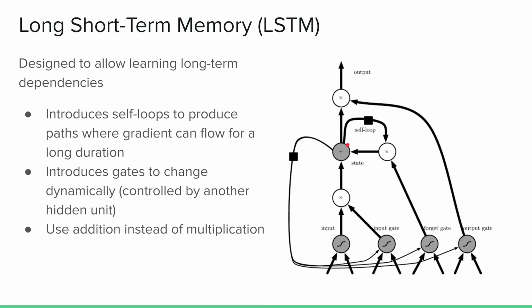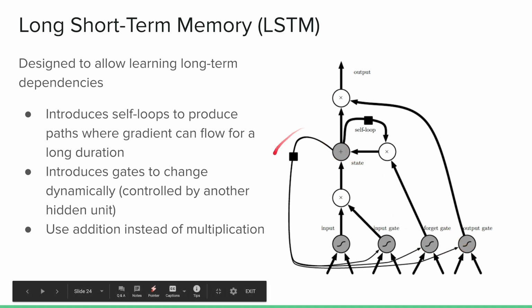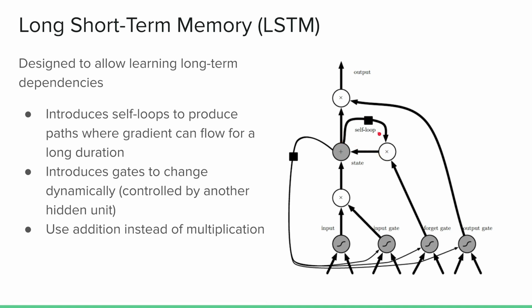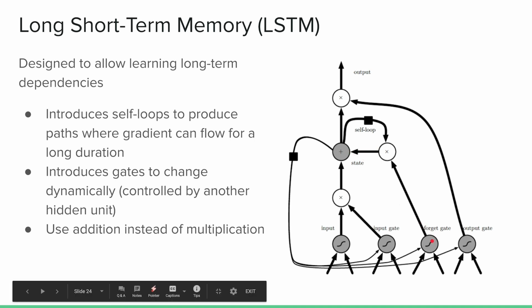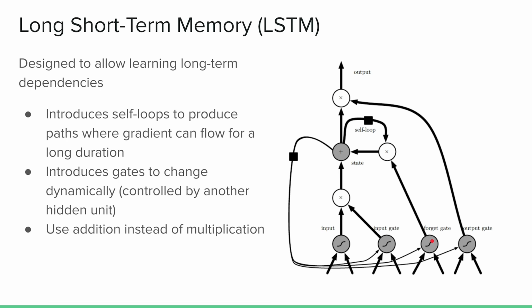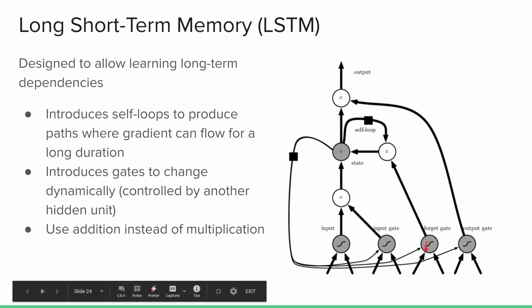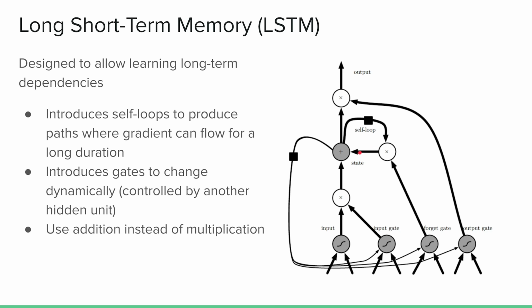We have our state here that is being added to, and we have two more gates that are also controlled by the previous state and by potentially other inputs, which is the forget gate, which says, okay, how much of that self loop here that I'm getting should I feed back into my state? And if the forget gate says, no, you shouldn't be reading anything that came before, it will reset this, then we'll just multiply this with 0 and it won't get any information back here.